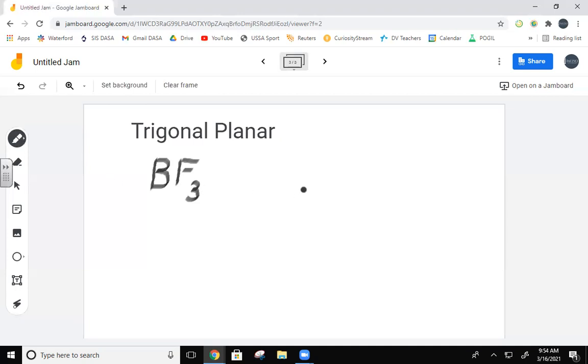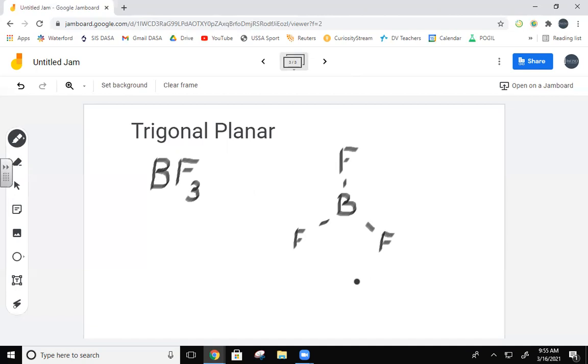So the way that we can write this out is we do a B in the middle, and then we have a fluorine on each side. Okay?